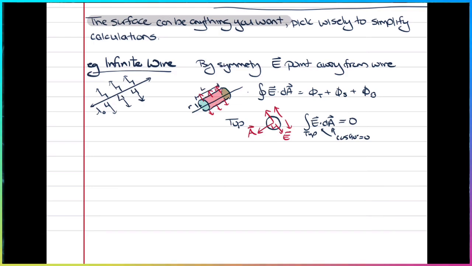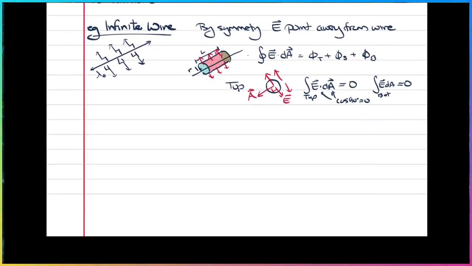No field lines go through. Similarly, for the bottom, it's also 0, because no field lines go through the bottom either. So it seems like then the total flux is just the same as evaluating the flux through the side.